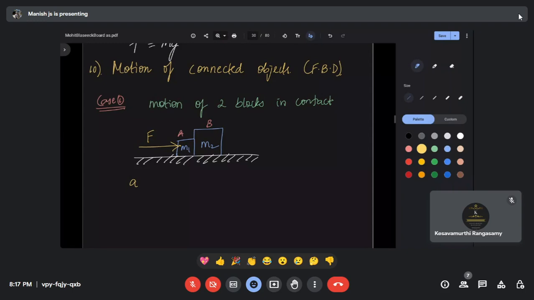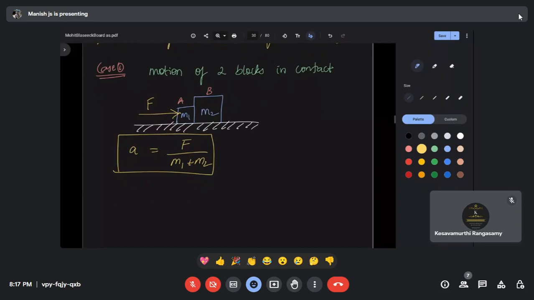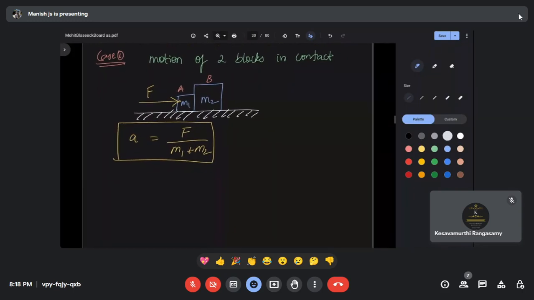You can derive the relation yourself. So what will be the acceleration? Rearrange. Force upon mass, isn't it? Here is it just one single mass? Don't you think it is a combined mass of both the objects? M1 plus M2. So this would be the acceleration of the system of 2 blocks pushed by using a force of F. Simple. Next we are moving to case 2.